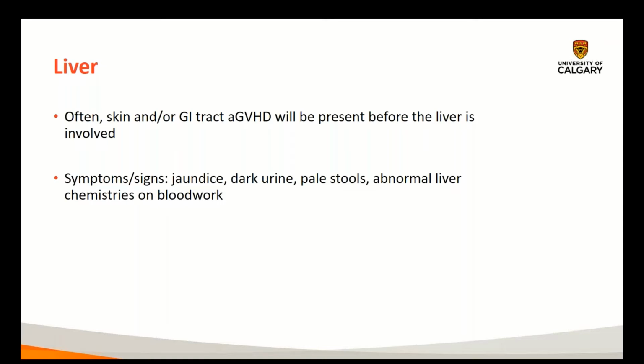The symptoms and signs that a patient or caregiver might notice would be jaundice, so a yellowish tinge to the skin or the eyes, dark urine, pale stools, and what we're looking out for in the blood work as your transplant team is abnormal liver tests on the lab work. And so these are really a routine part of our post-transplant blood work monitoring strategy.